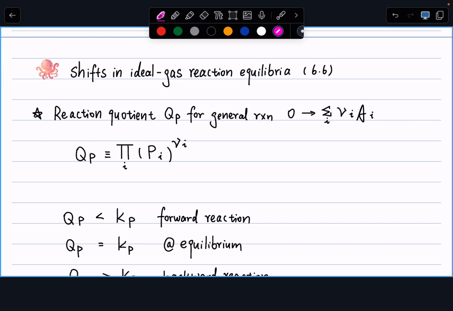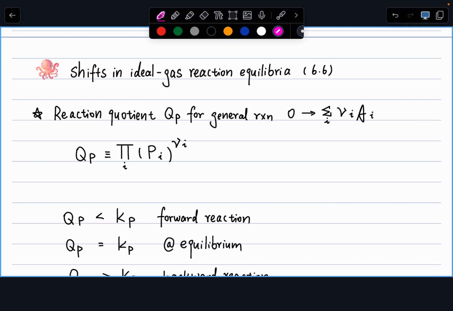And then we're now changing some of the factors of the system. We're changing the temperature, changing the pressure, changing the volume, or adding reactant, adding product, or adding inert gas into the mixture. So what we're trying to do is use the knowledge we have to answer the question: how does my equilibrium shift?